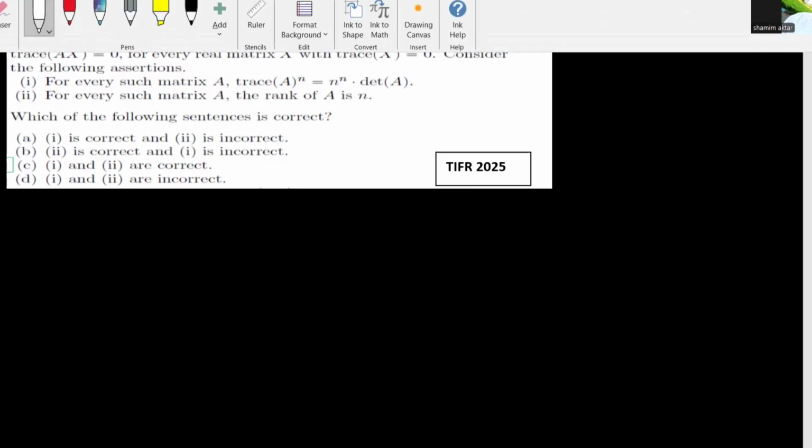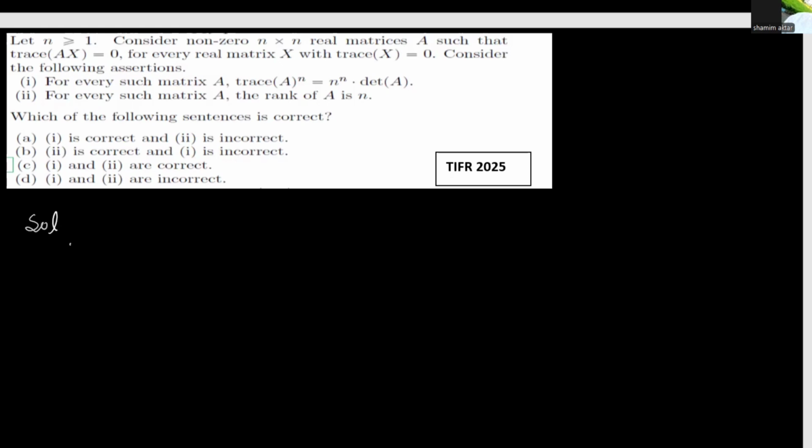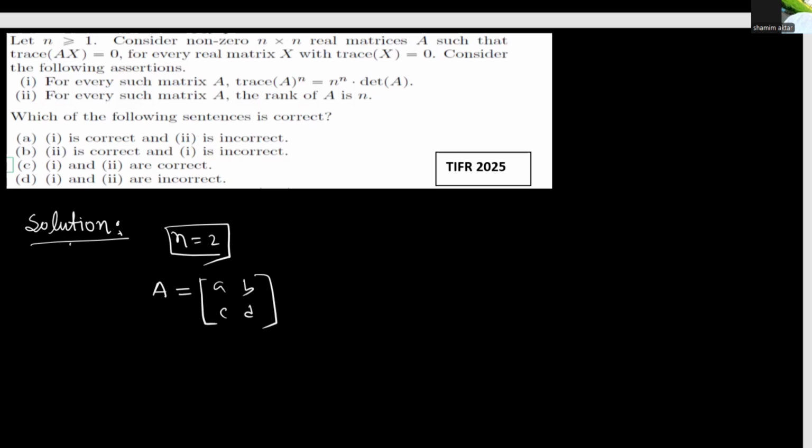The solution, for n equal to 2. Suppose A is any 2 cross 2 matrix, that is a, b, c, d. And now X is any matrix with entries a dash, b dash, c dash and d dash.